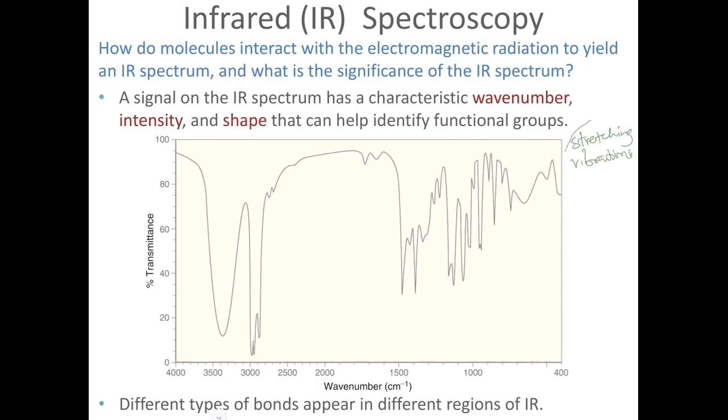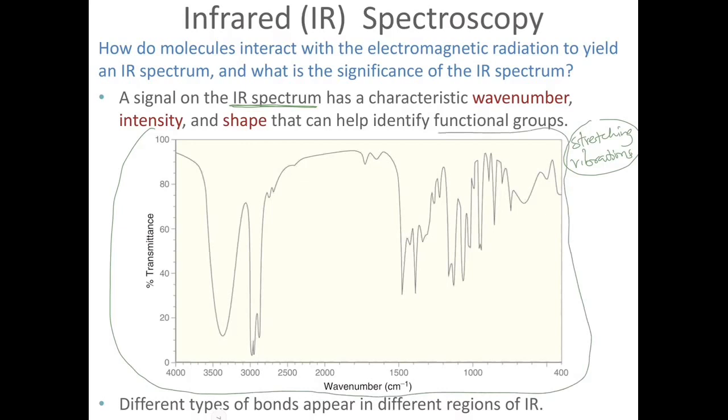The stretching vibrations can be translated into an IR spectrum. So this is what we call an IR spectrum. Within the spectrum, the vibrations are translated into signals that can help us identify the functional group.